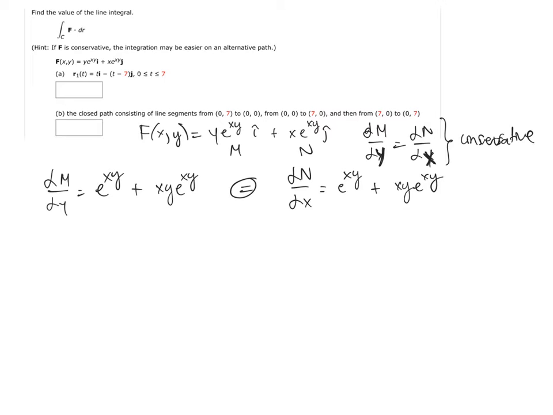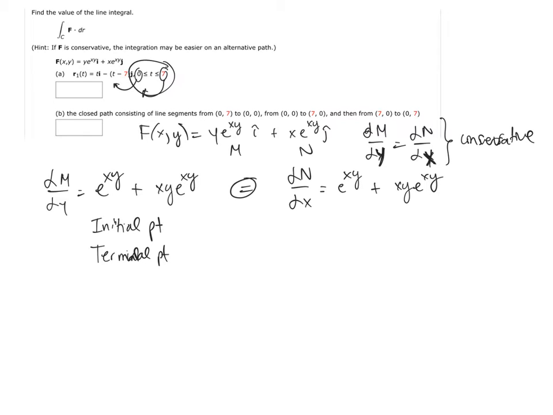You can apply the fundamental theorem of line integrals. So I'm gonna find the initial point and the terminal point by plugging 0 into the equation and 7 into the equation.